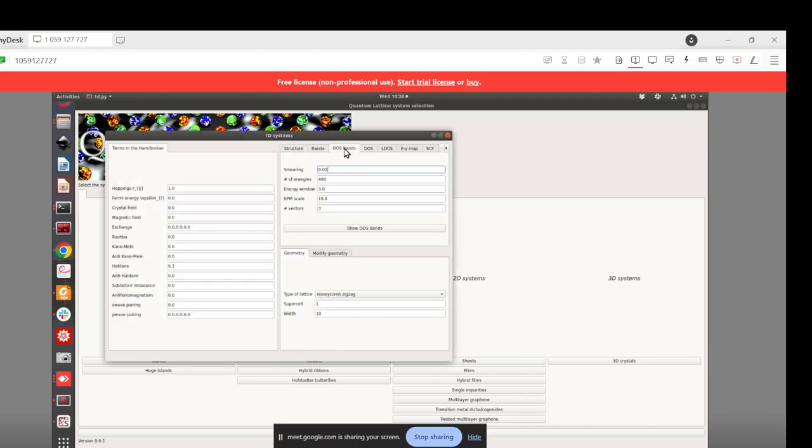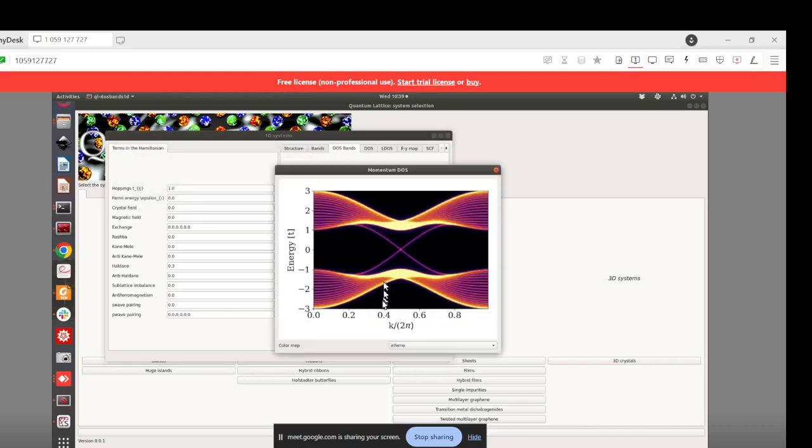And if you see those bands, you see there are some non-trivial edge states. The bulk is insulating, this is essentially insulator-type behavior, but then there are two counter-propagating states which cross the zero energy.